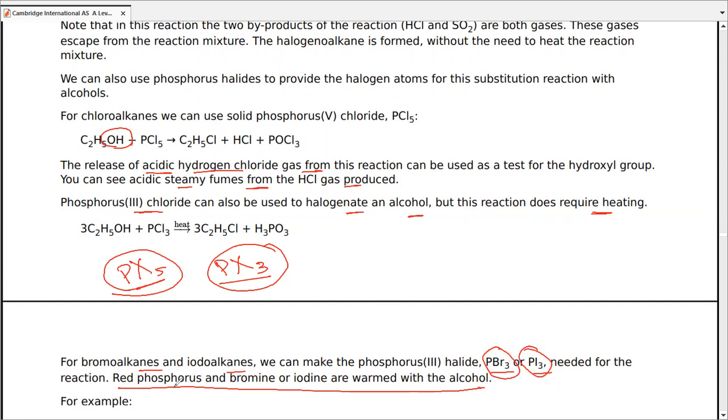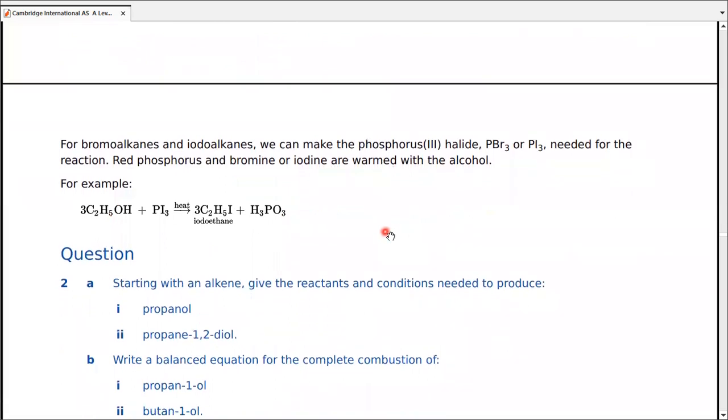No, he's putting phosphorus separately, red phosphorus, the formula for which is P4, and he's separately putting either Br2 or I2, and he's warming them along with our alcohol, whatever alcohol that is. Let's consider as an example that it was ethanol, and that's how we go with the reaction. This gives you a clear idea what's happening. And there are more than one examples of in situ formation for these reactions.